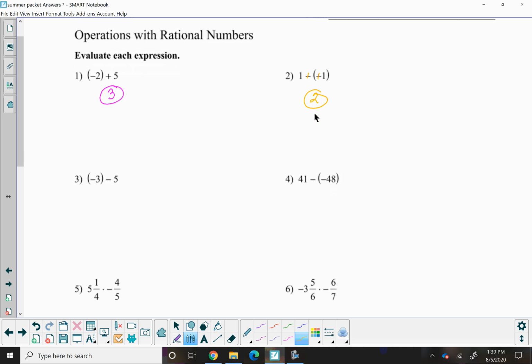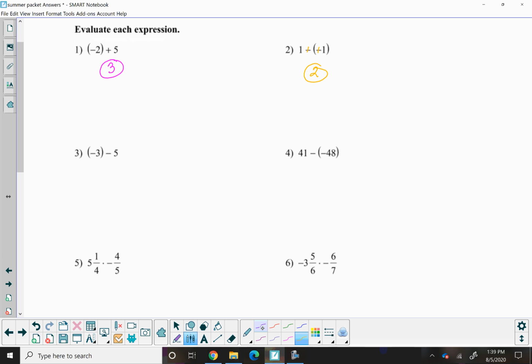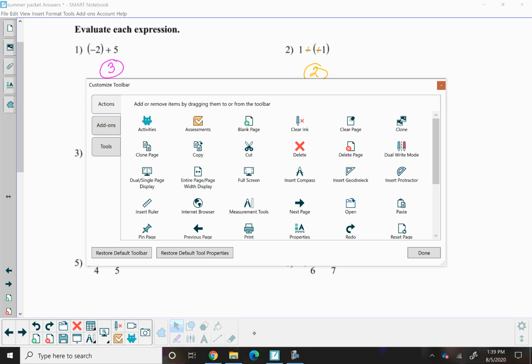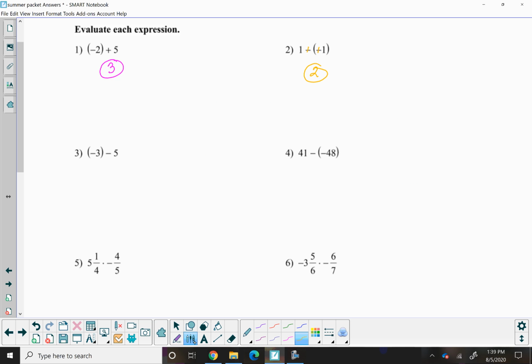Number 3. Once again, it's a subtraction. So I'm going to leave, change, opposite. So I have negative 3 plus negative 5, which is going to be negative 8, since the signs are the same.